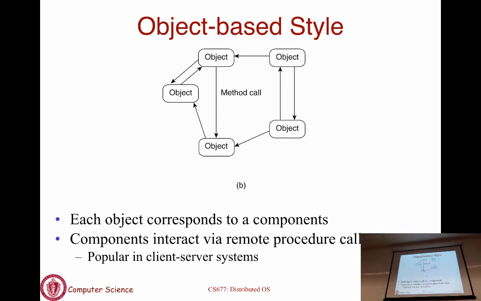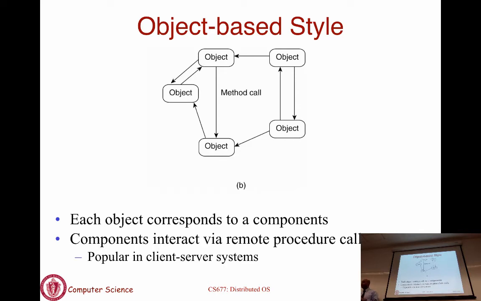Now in this case, for the purposes of this lecture, it doesn't matter where the objects reside. What matters is what the architecture is. The architecture essentially says take your system or your application and partition it into objects. Objects will expose an interface, and you can invoke a method or an interface call that is exposed by any other object. So any object can communicate with any other object through the published interface for that object.